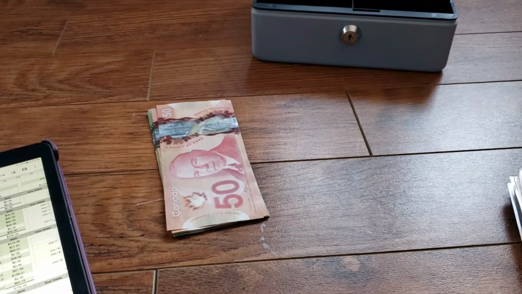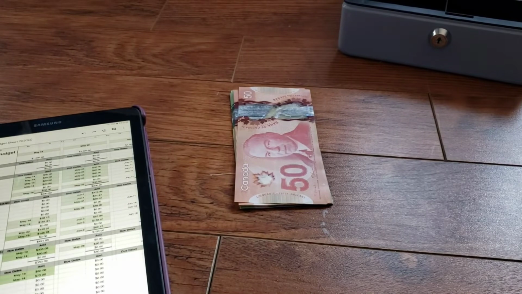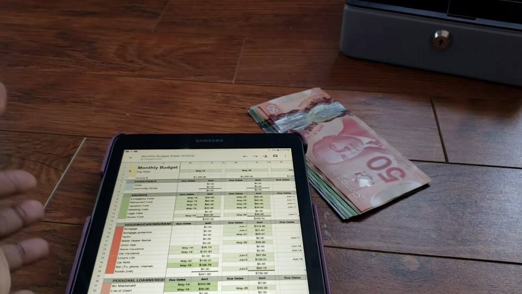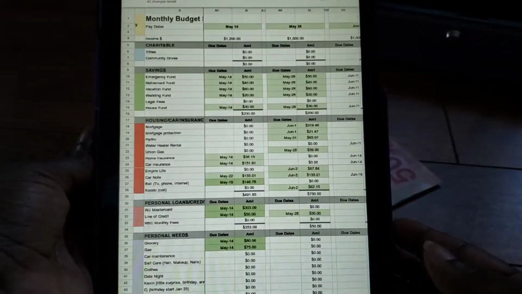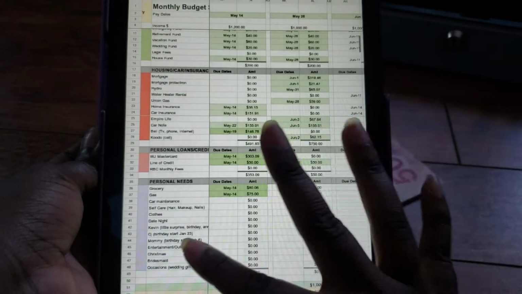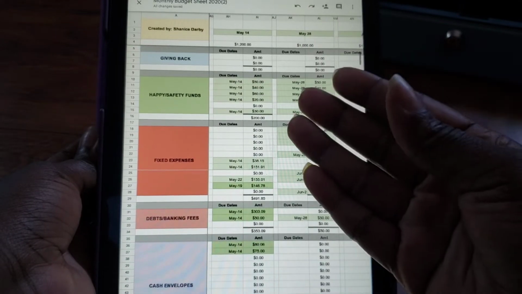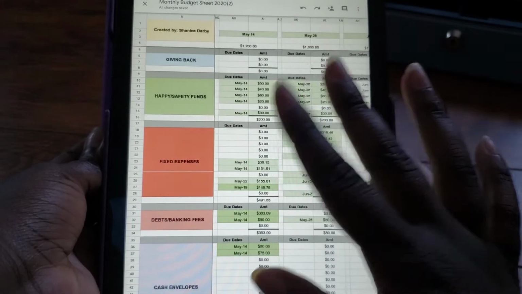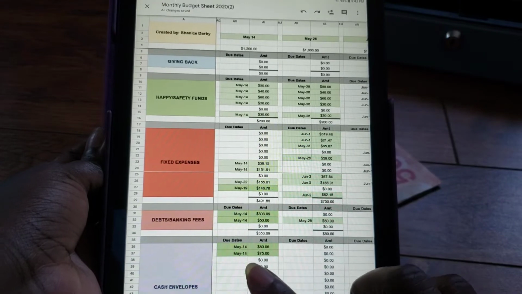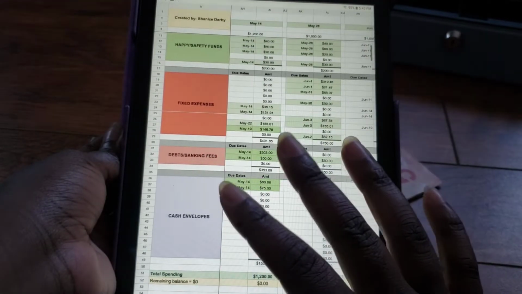If we look over to my left, this is my monthly budget worksheet. With each category, I have my giving back, my happy safety funds, my fixed expenses, any debt, banking fees, and then category cash envelopes.